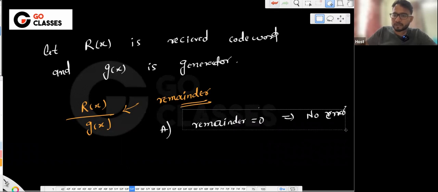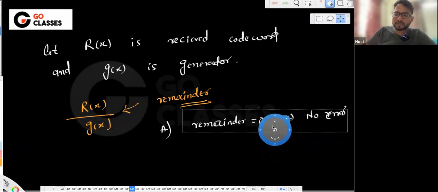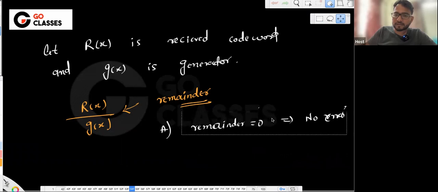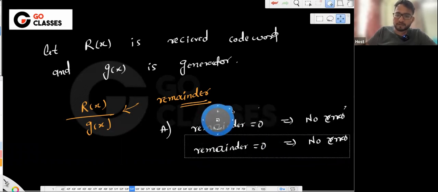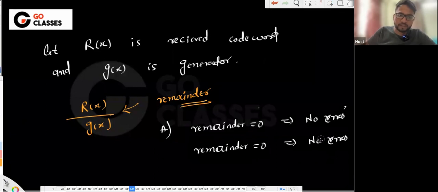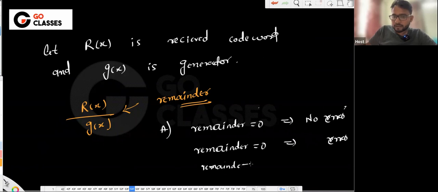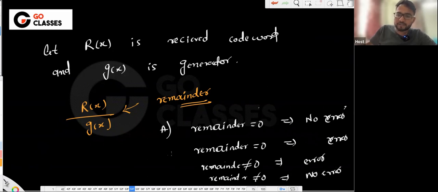Suppose this is one of the options. Another option is that if remainder is 0, then there is error. If remainder is not 0, then error. If remainder is not 0, then no error. Which of the following are correct? Suppose this is an MSQ.